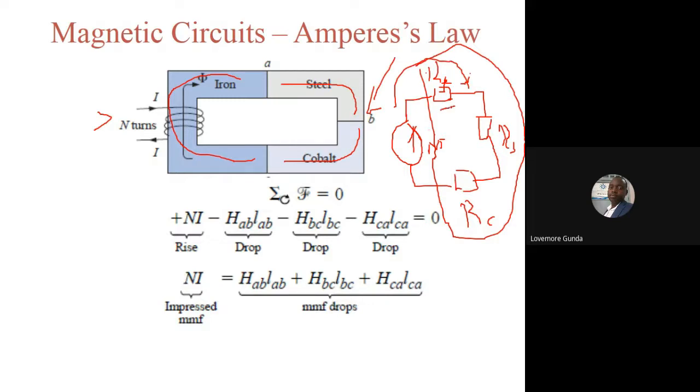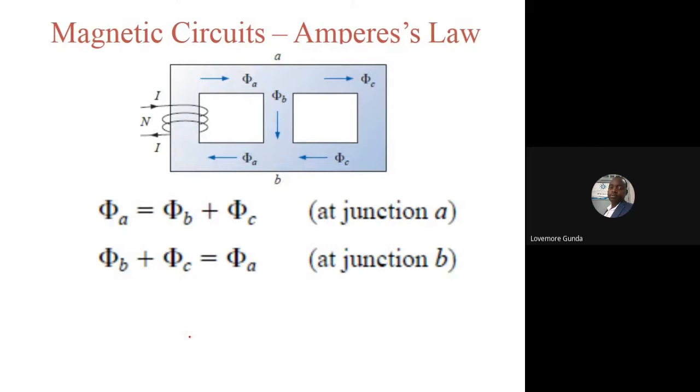And then the drops across this should be equal to the MMF produced here. This is what we are talking about just here. Right? So magnetizing force of AB times the length of AB, magnetizing force of that times the length of that, it still comes back to the same circuits.